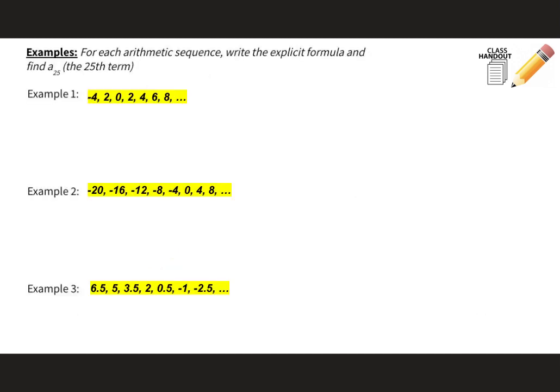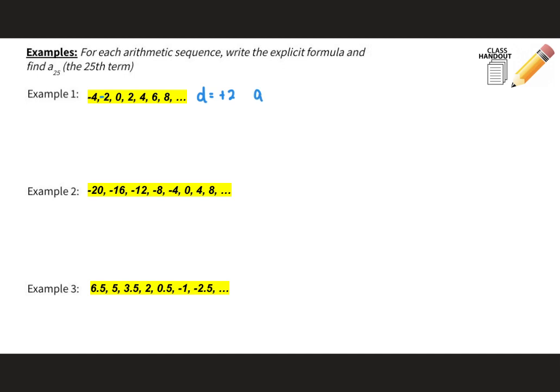So let's work through these examples. For each arithmetic sequence, we're going to write the explicit formula, and we're going to find the 25th term. Remember, for these ones, we already determined the common difference. The common difference for the first one was, oops, I realize I'm missing a minus sign here. The common difference here was positive 2, right?